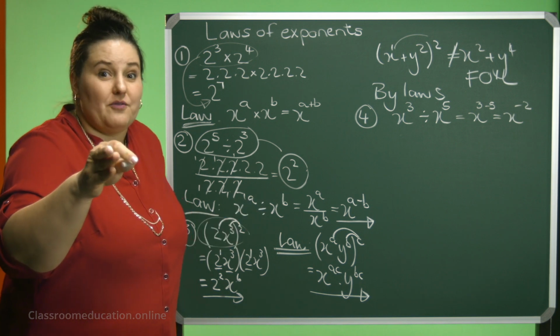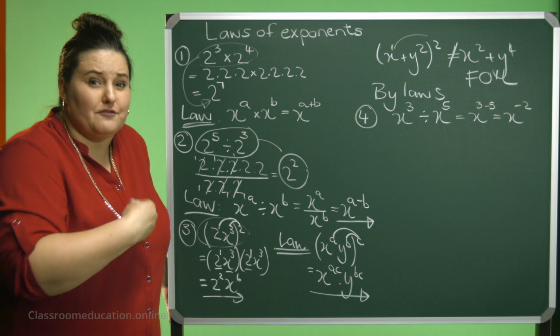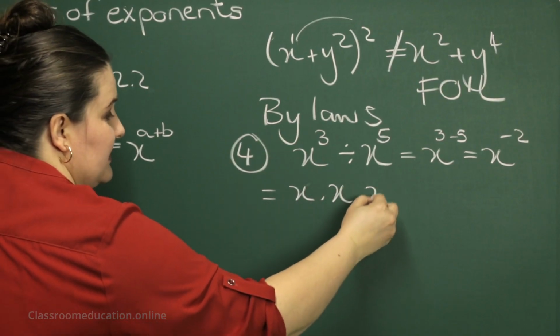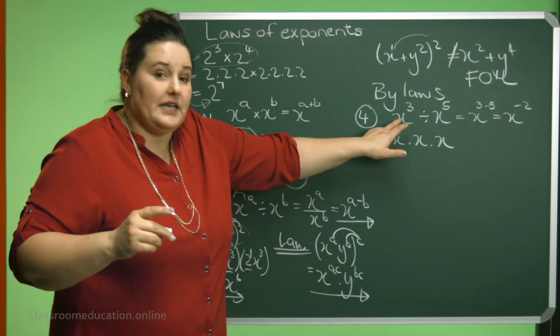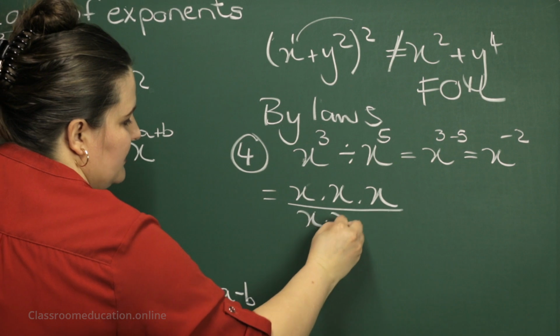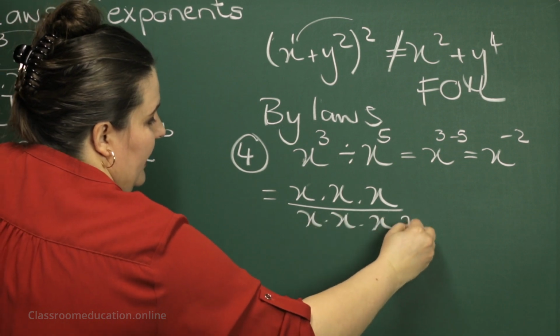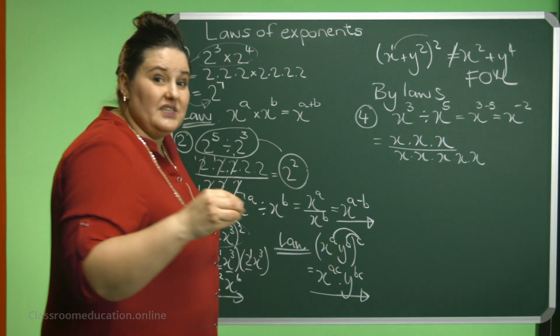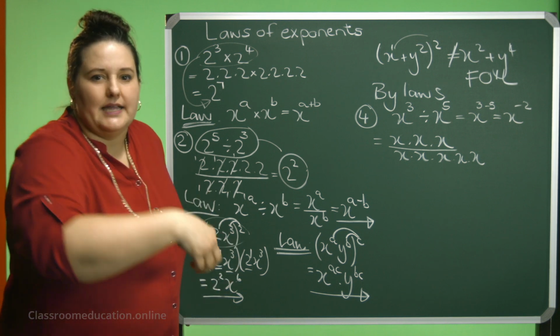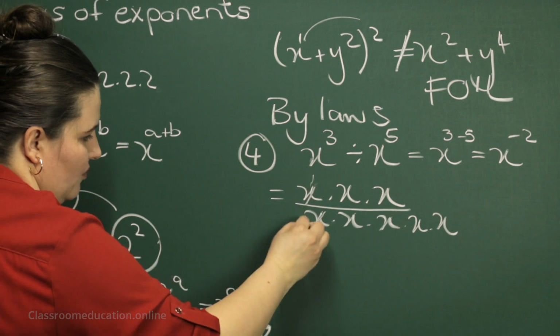How about we write this in an expanded form first? Let's say x times x times x, because I had x to the power of 3, divided by x times x times x times x times x, because it's 5 x's being multiplied with one another. Let's cancel out. 1 and 1.